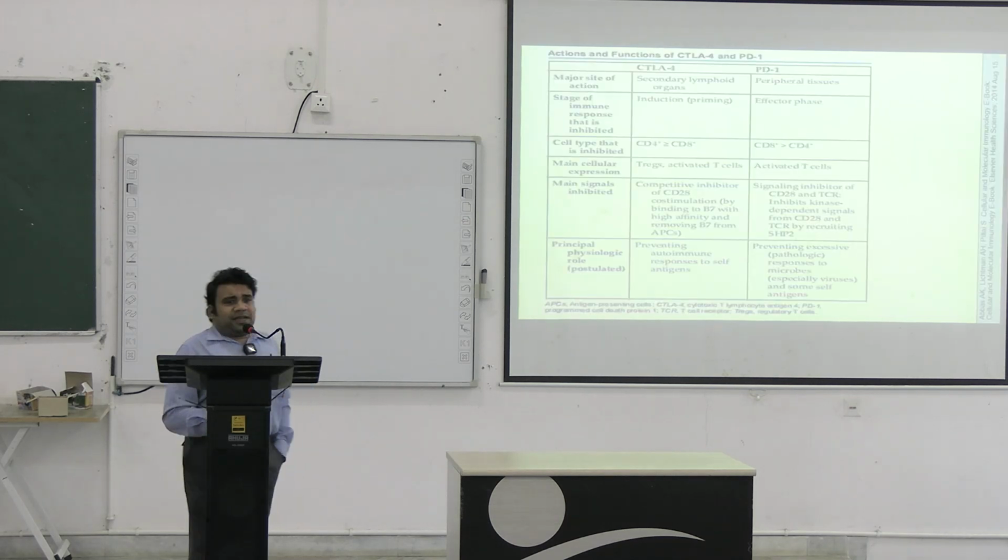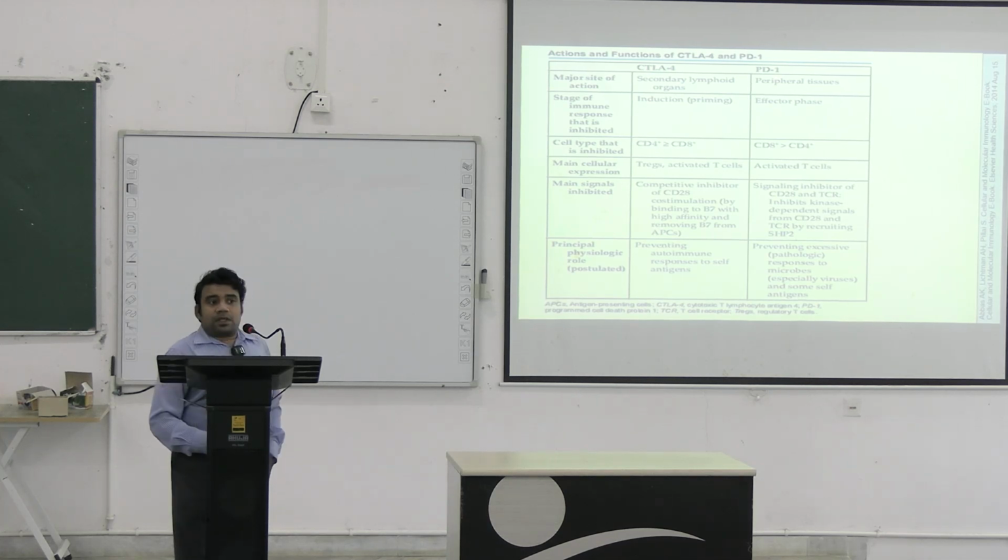Two important negative inhibitors in the T cell lineages are CTLA4 and PD1. The first one, its major site of action, is in the secondary lymphoid organ, that is the lymph node, and PD1 acts on the peripheral tissues. Why am I telling you these two?